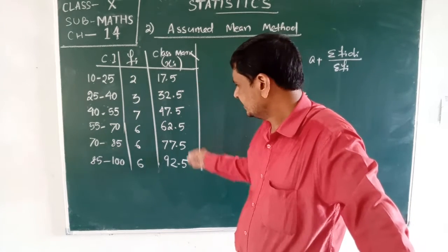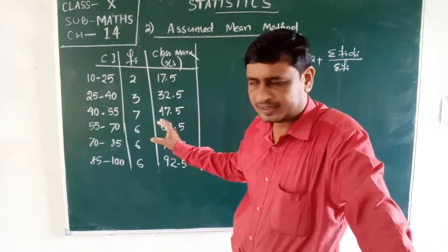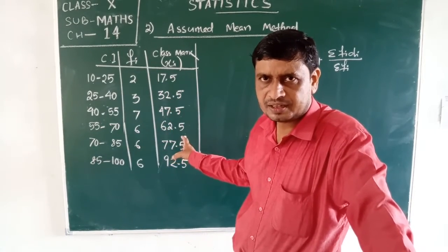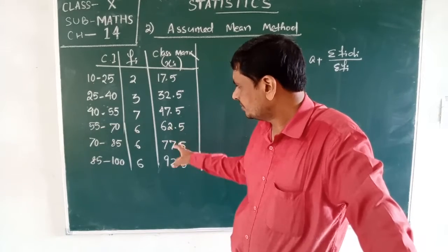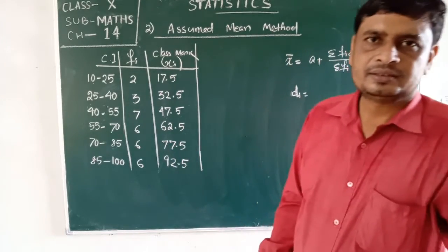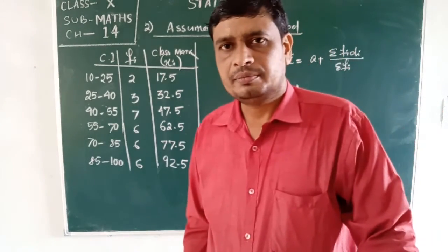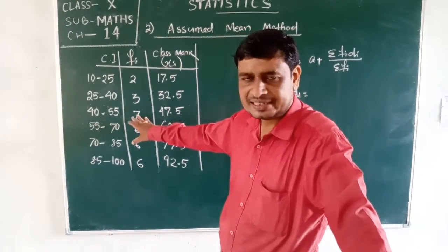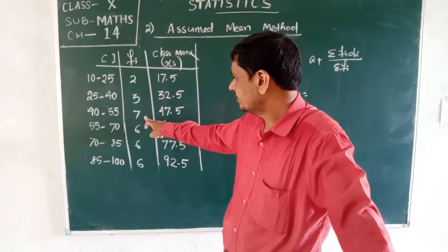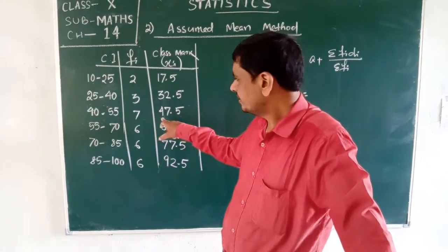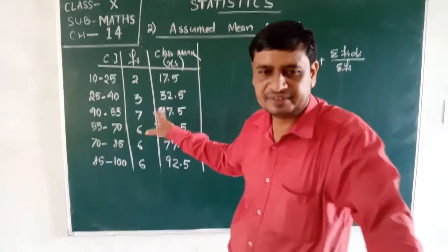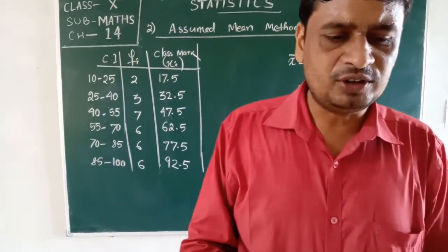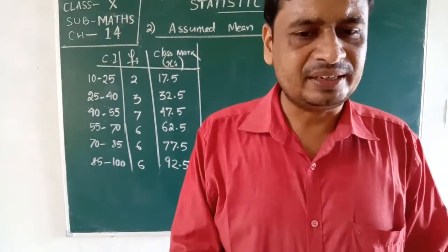Since there are an even number of observations, we get 2 observations in the middle. In between these 2 observations, more frequency is for 47.5, that is 7 and 6, so 7 is greater. The greater frequency is for 47.5. So we can take the value of A as 47.5.